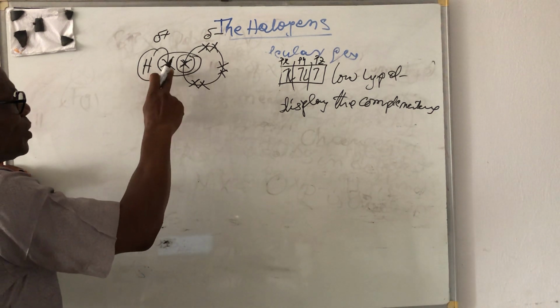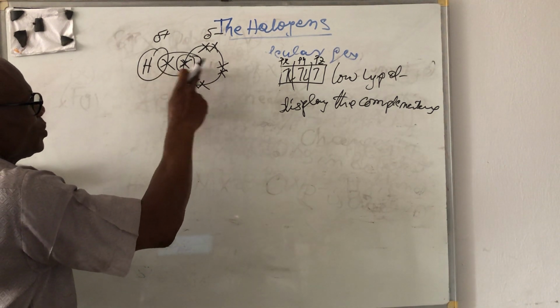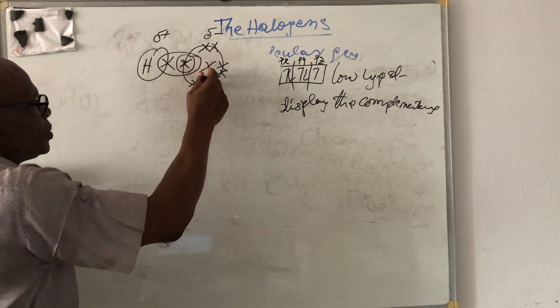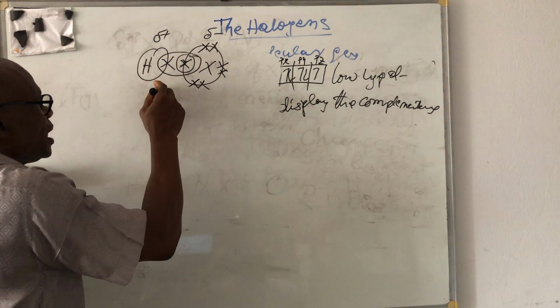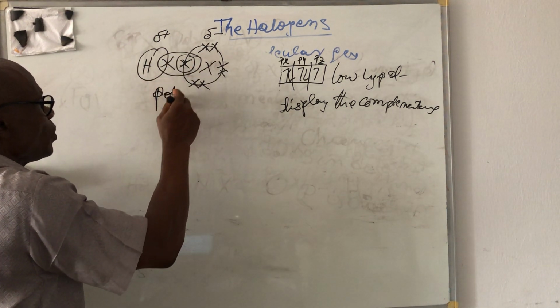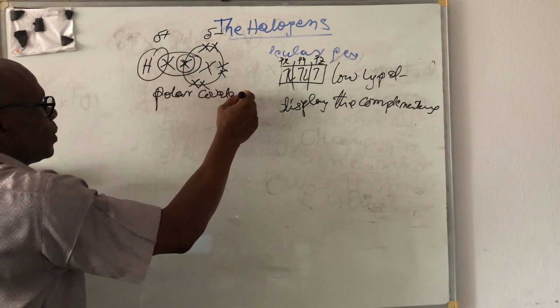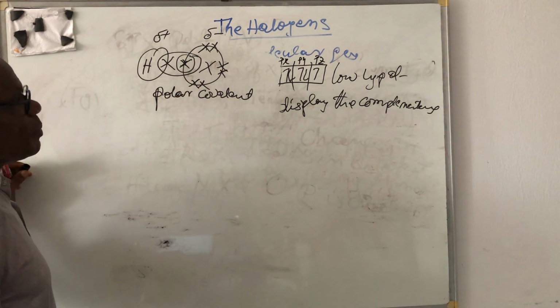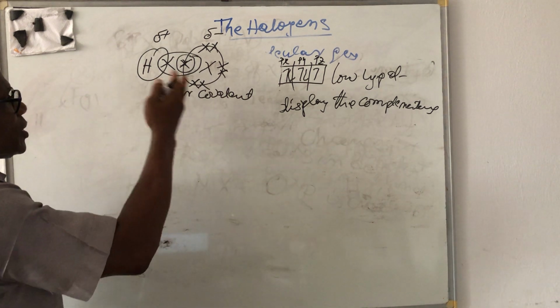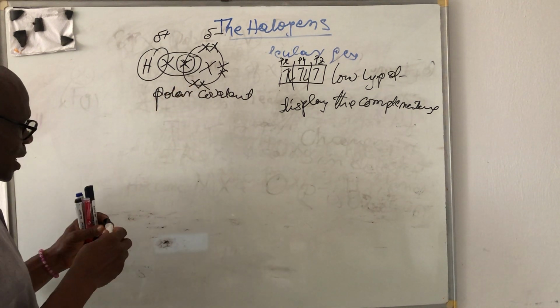Therefore, the bond so formed between the halogen and hydrogen will be a polar covalent bond. That is to say, the bond will assume a charge.